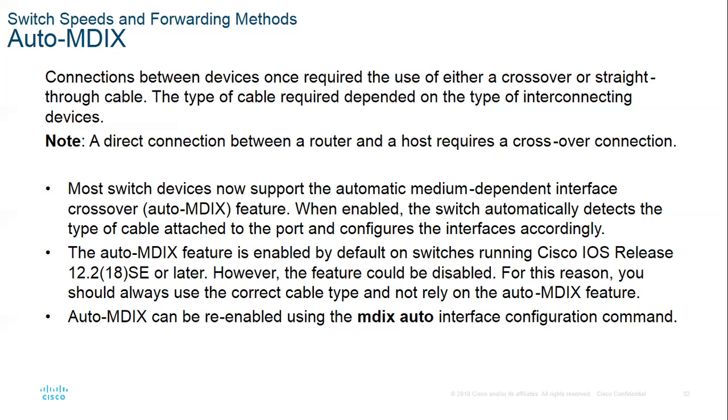They defined a feature called auto MDIX, which stands for automatic medium dependent interface crossover. A switch implementing this feature can detect if the connected device is a DTE or a DCE, and based on the type, even if you are using only a straight-through cable and another switch is connected to your switch, internally it will make the crossover.